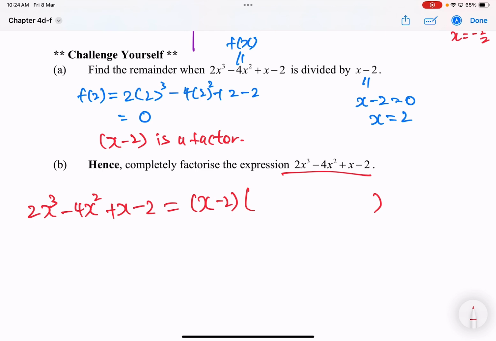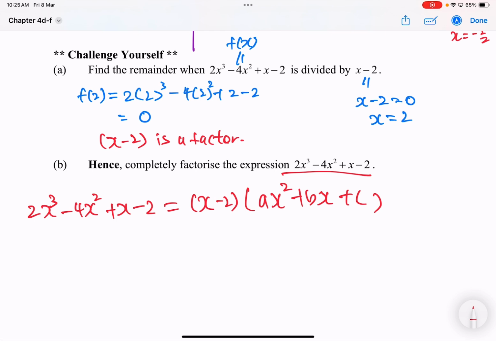Degree 1 must multiply by a degree 2. So this thing must be a quadratic. Is anyone confused? It must be of the form ax squared plus bx plus c. It is our job to find out what a, b and c are.